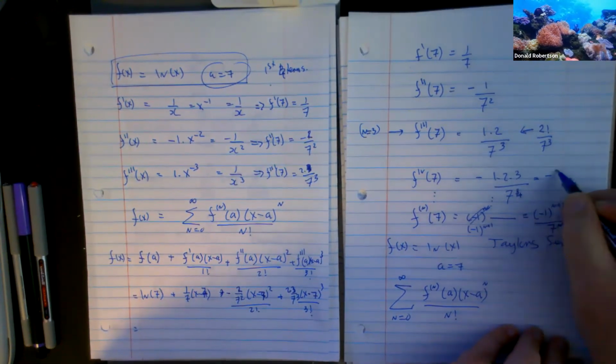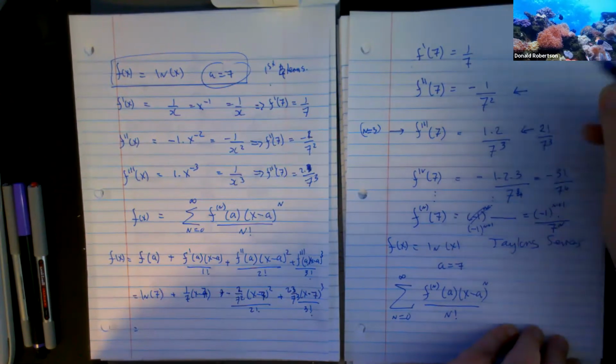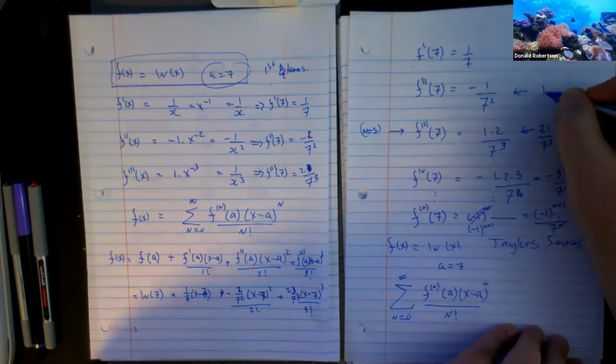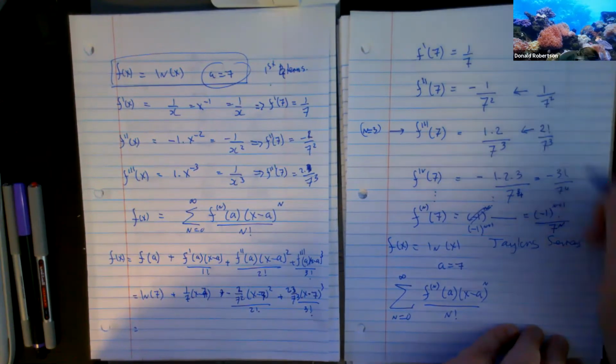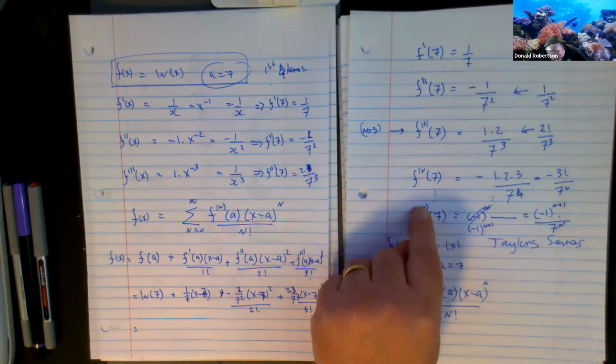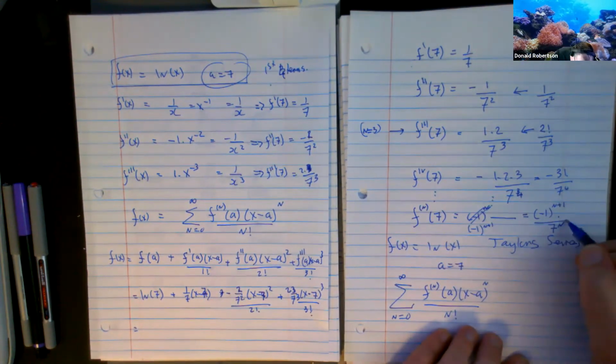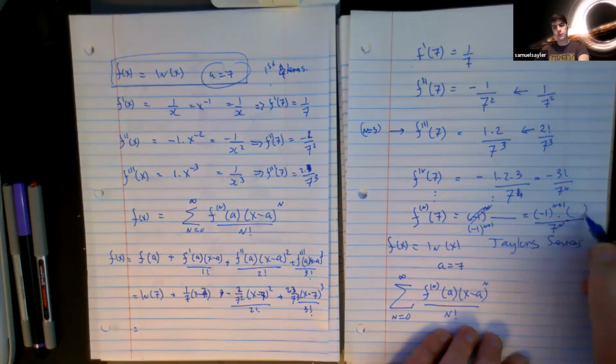This guy on the top is 3 factorial. This guy on the top is 1 factorial. Are we good so far? Now, what will the nth derivative have on the top? What factorial will it have? N minus 1.